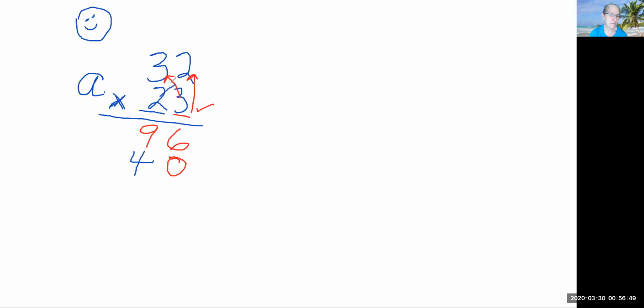And 2 times 3 is 6. Let's add it together. 6 plus 0 is 6. 9 plus 4 is 13. Carry your 1. 1 plus 6 is 7. And you have 736. Did you get 736? If you did, that is correct.